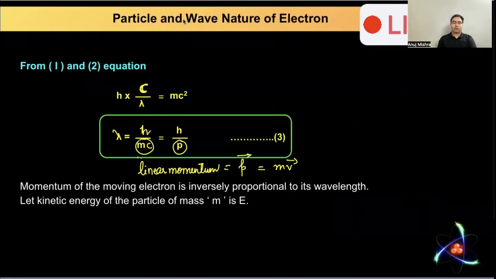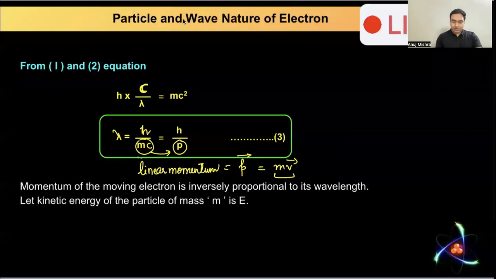ध्यान से सोचना. और ये mc को मैंने क्या बोल दिया? mc को तो p बोल दिया because mass into velocity is called momentum. So mass into velocity लिखा था मैंने, उसको बोल दिया momentum है. कोई गलत बात तो नहीं बोली? क्लियर बच्चे? वेरी गुड. आगे चलें.